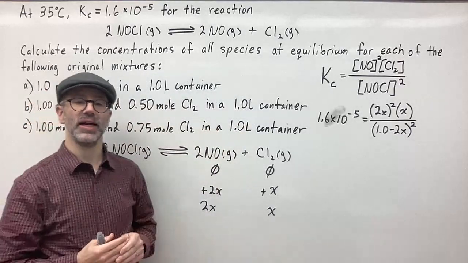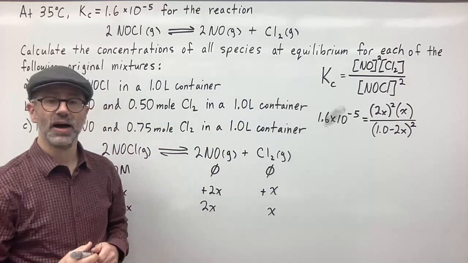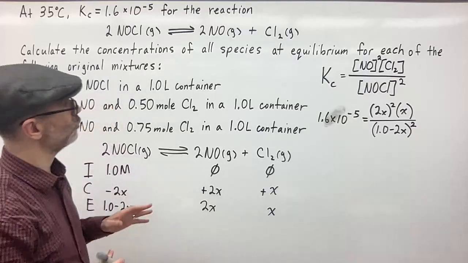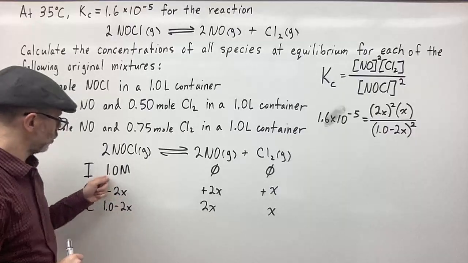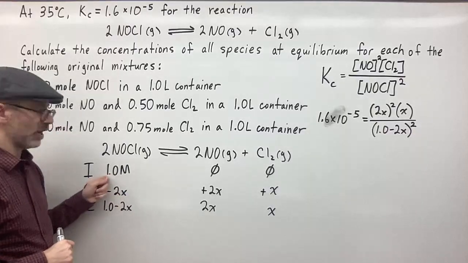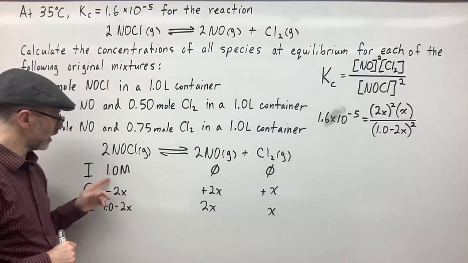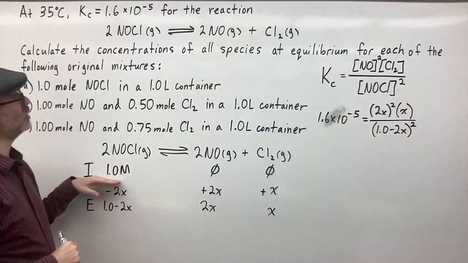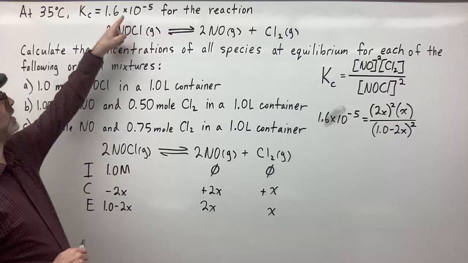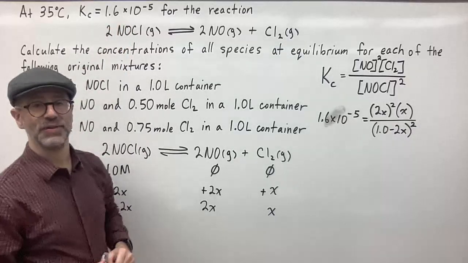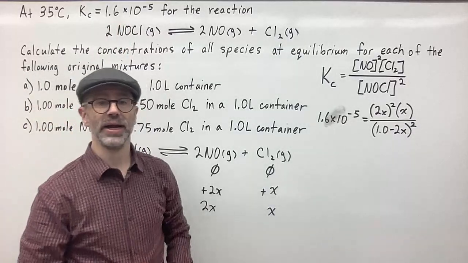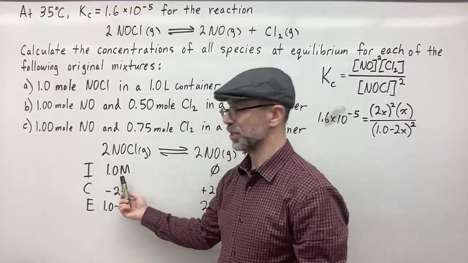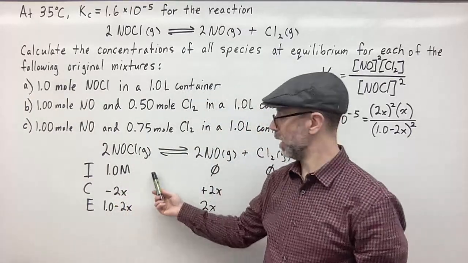And now we can use the x is small approximation, because if you look at the original concentrations, we have 1.0 molar here, and we have 0 here. So this concentration compared to the Kc, notice the Kc is very, very small, so that's like a factor of 1 times 10 to the 0 power.